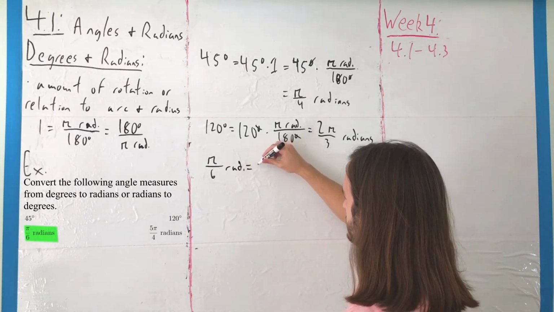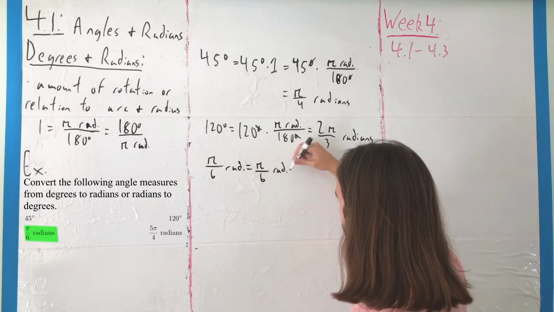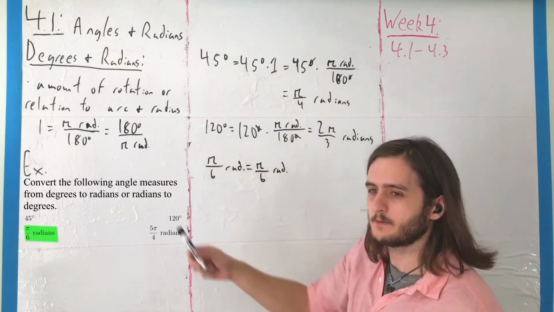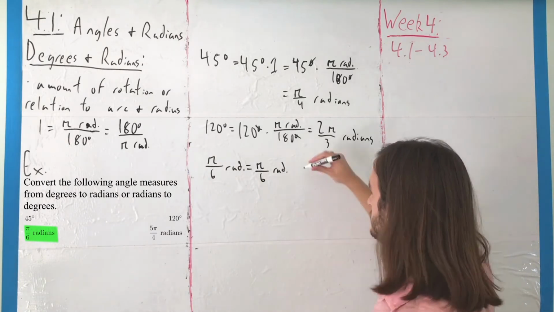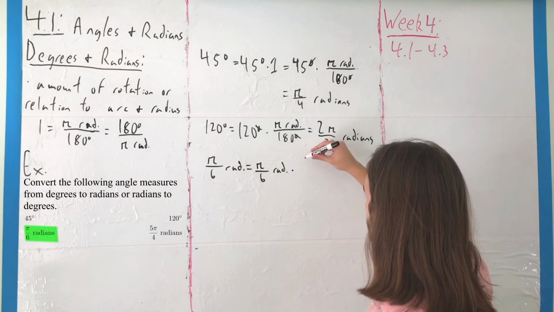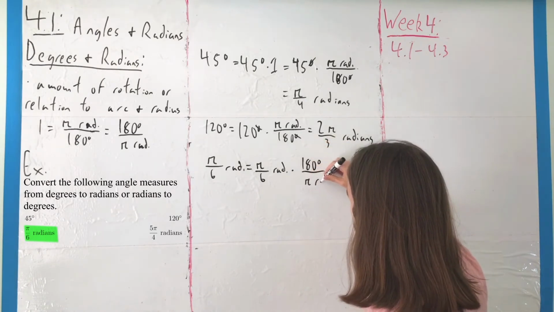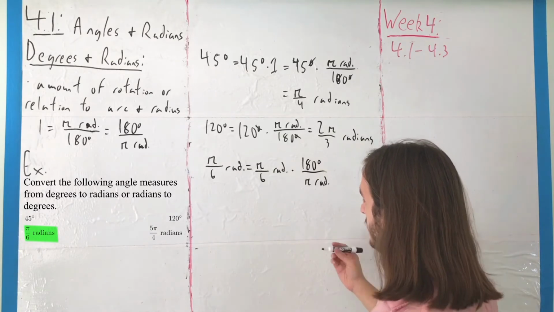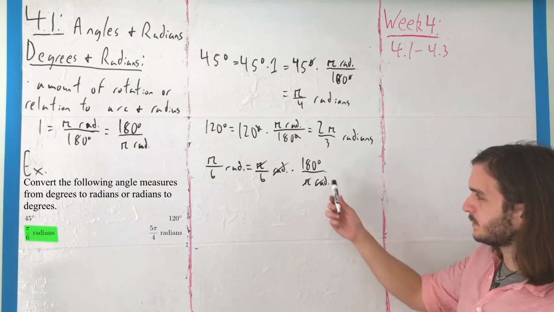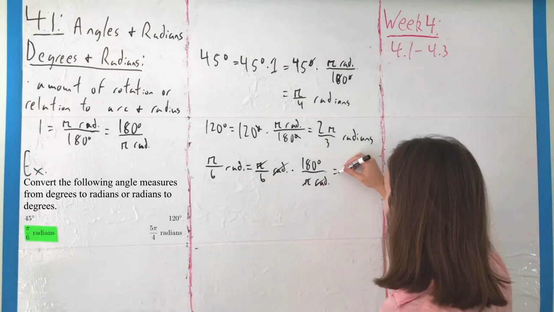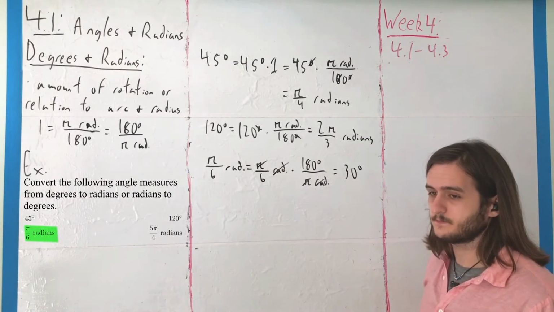And we're going to take that pi over 6 radians, and multiply it by 1, but written in a more useful way here, because we want to cancel out those radians and get degrees. So we multiply it by 180 degrees over pi radians. Now, pi's will cancel, radians will cancel, and we get 180 degrees over 6, or 30 degrees overall.